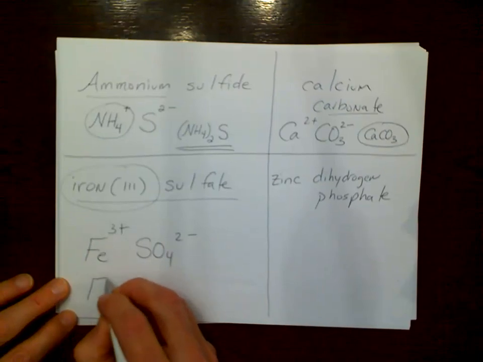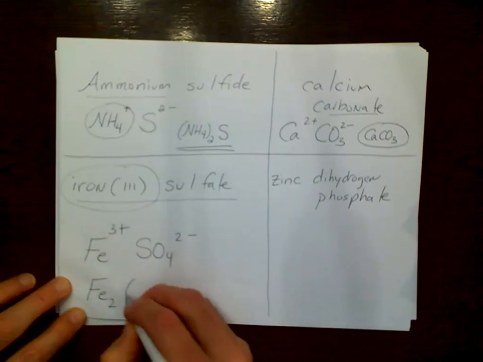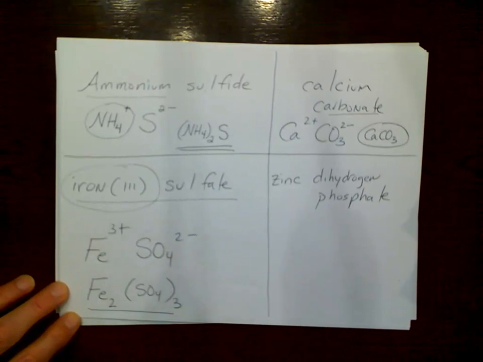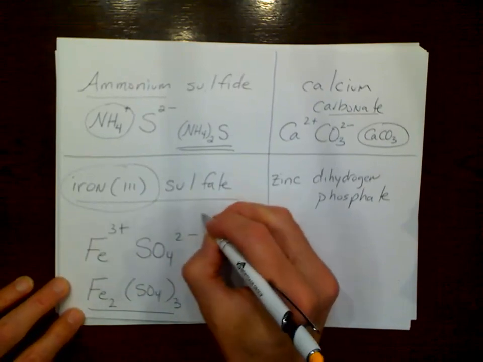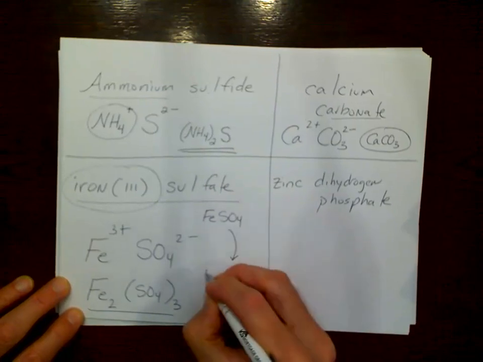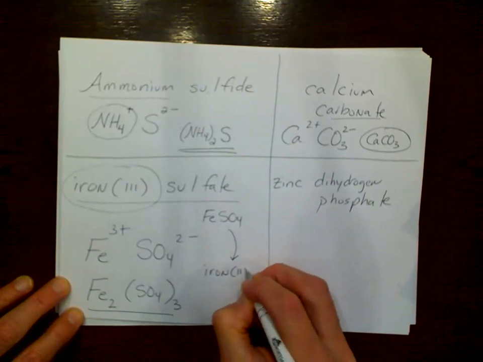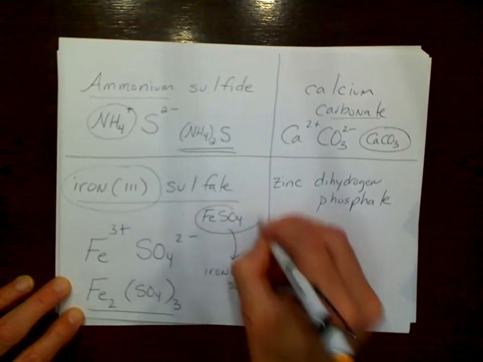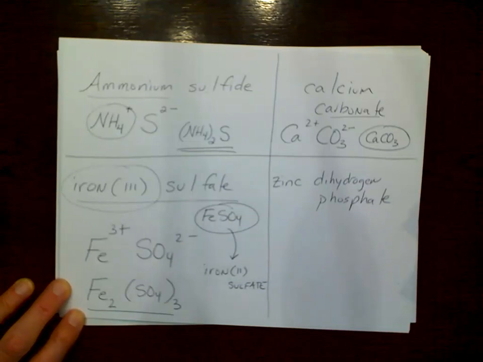So I'm going to write it like this: Fe2(SO4)3. That would be the formula for iron 3 sulfate. And just to tell you here, iron 2 sulfate would simply be FeSO4. I'll just write that here, and maybe you can figure that out on your own. Iron 2 sulfate, its formula would just be FeSO4.